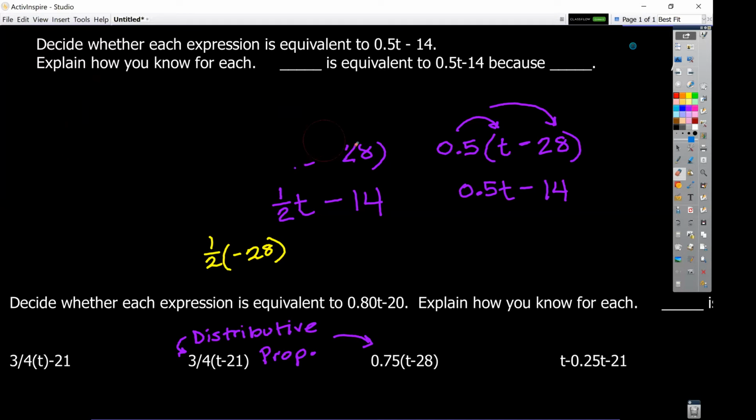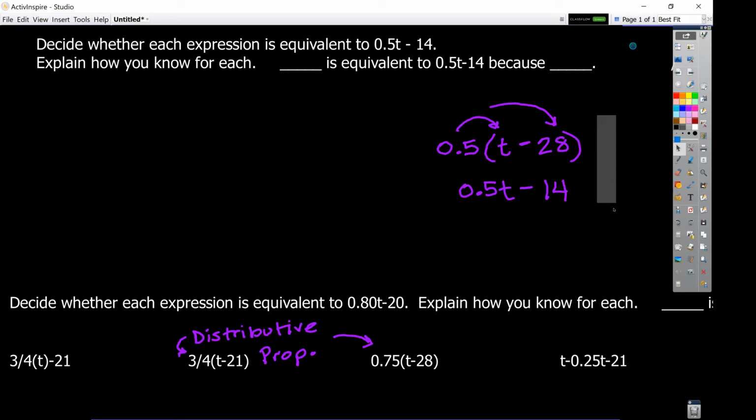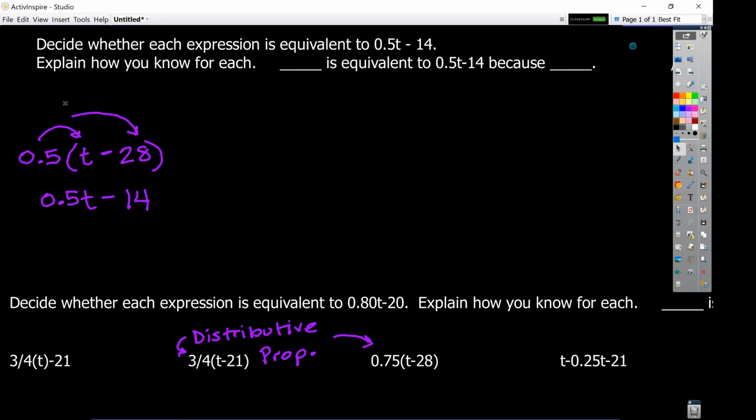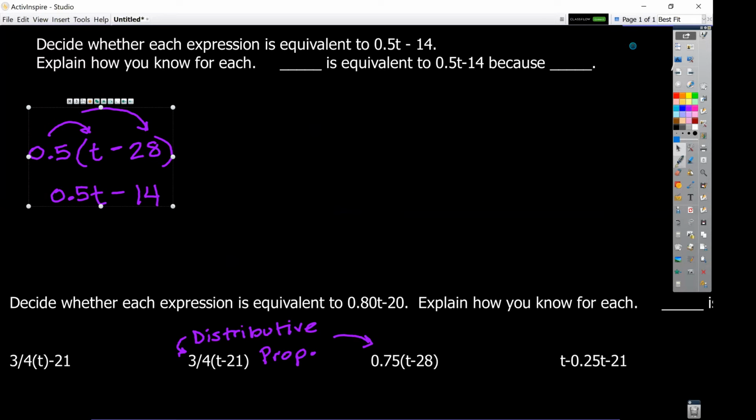Erase the second one. And I'm going to try to move this last one I did with you guys. There. Move that off to the side. And let's go for the last one here.